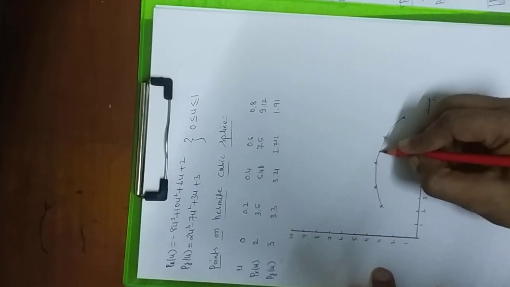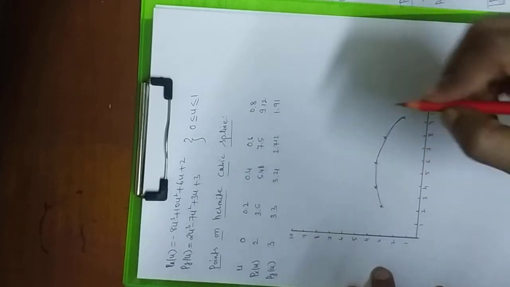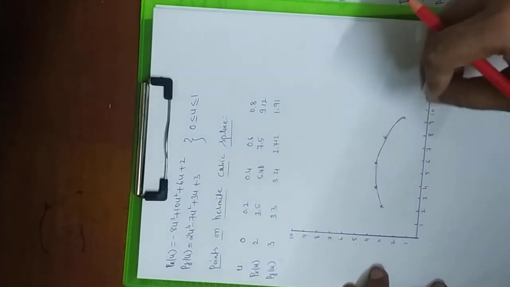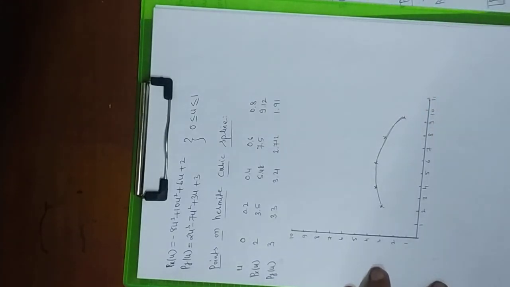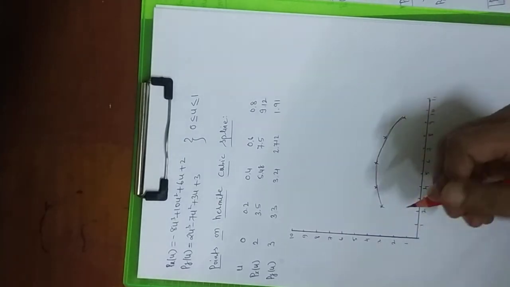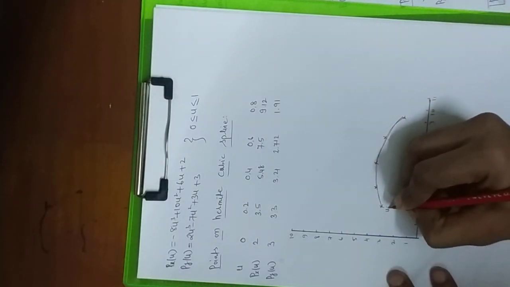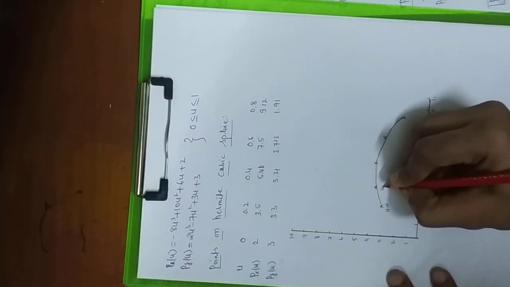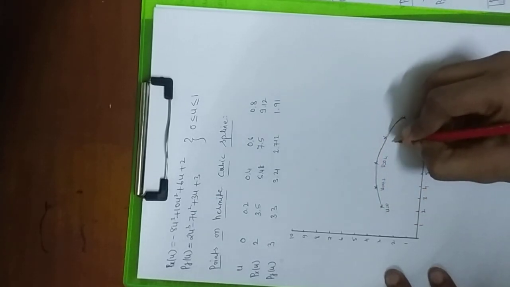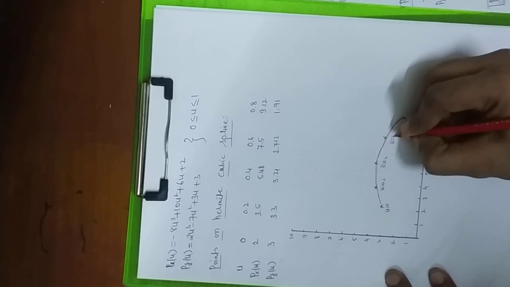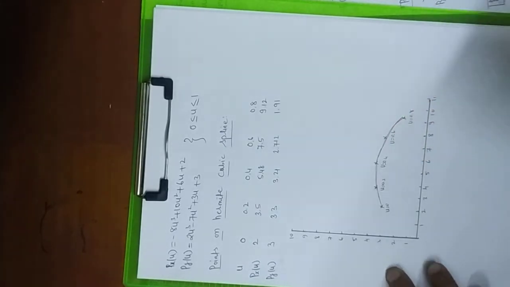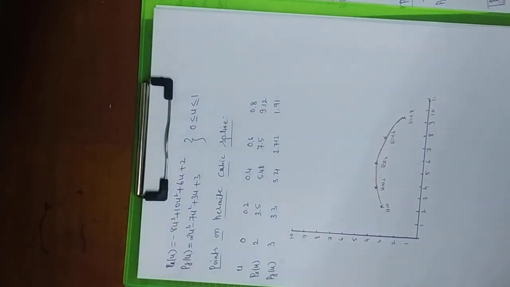This will be like a curve. Maybe the curve you are having will be slightly different here and there, because of the accuracy of your graph. But this way you can locate all the points, starting from u equal to 0 here, u equal to 0.2, u equal to 0.4, u equal to 0.6, u equal to 0.8. So like this you can draw the graph also.